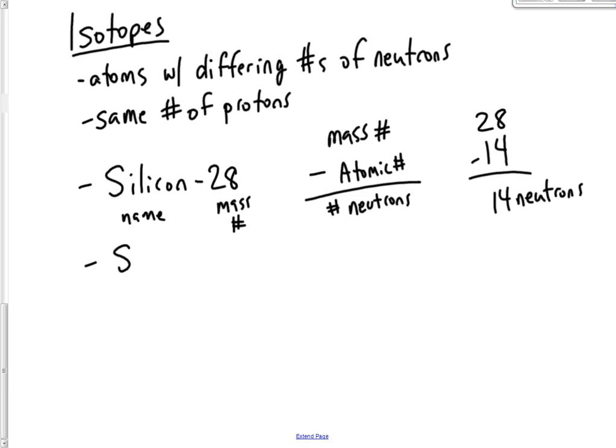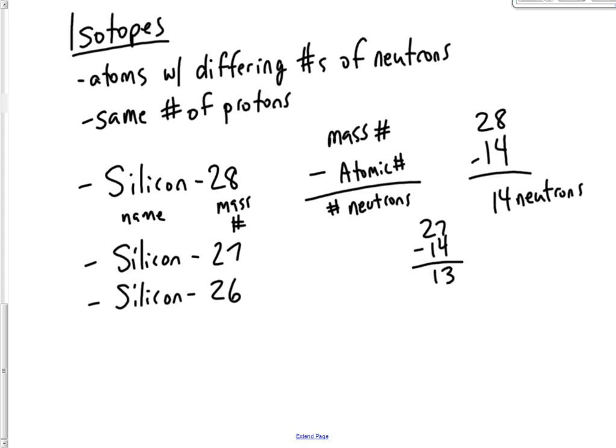So another one. Certain elements have high numbers of isotopes, so there's no one number that's more common than others. But let's say we got silicon 27, and then silicon 26. If silicon 28 has 14 neutrons, silicon 27, you're going to have 27 minus 14, and you're going to have 13 neutrons.